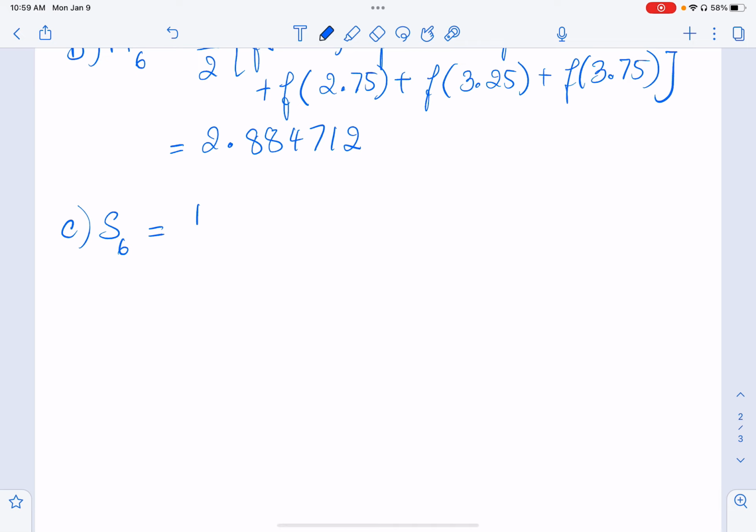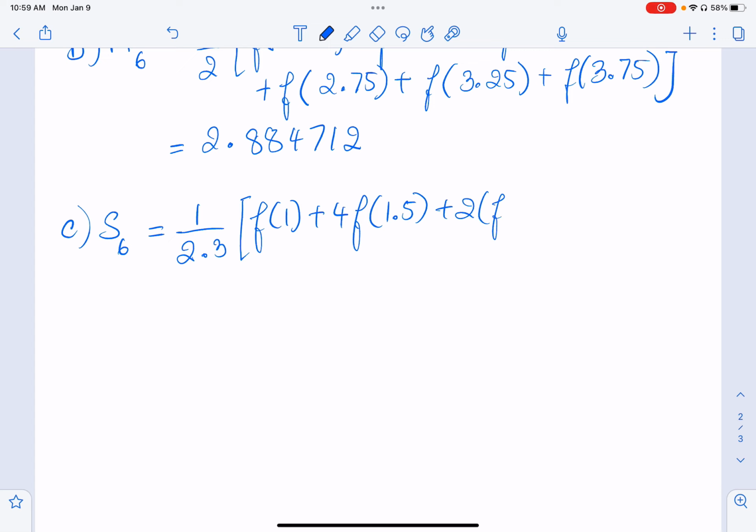So I have 1 over 2, which is delta x, times 3. So delta x divided by 3. And then I have f of 1 plus 4 f of 1.5. And then we go back to 2 f of 2. And then we go 4 f of 2.5.